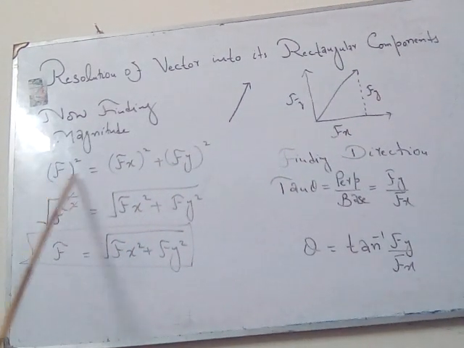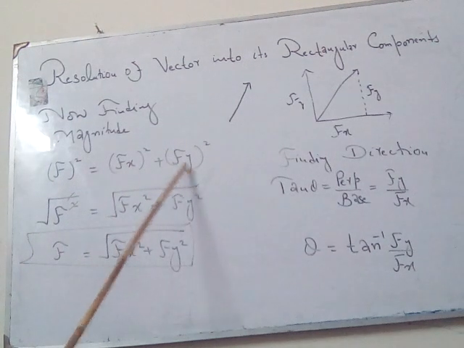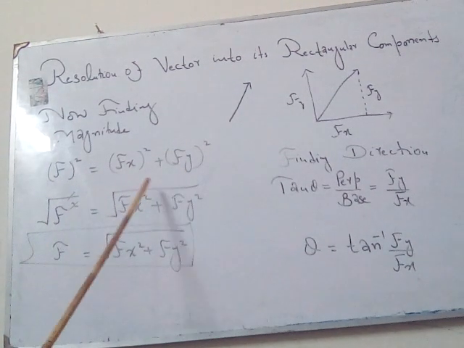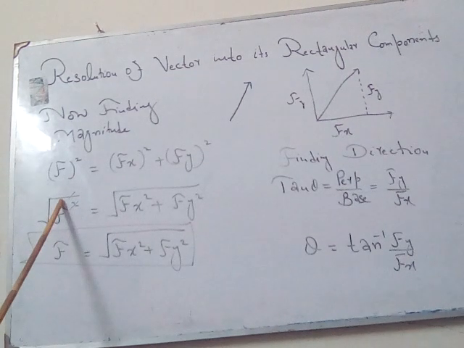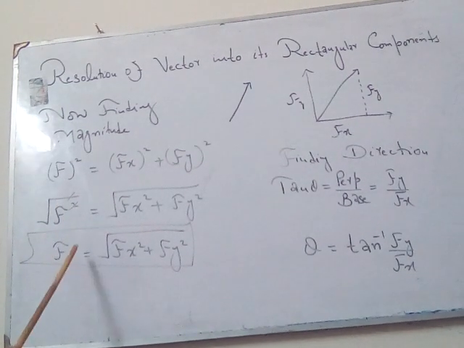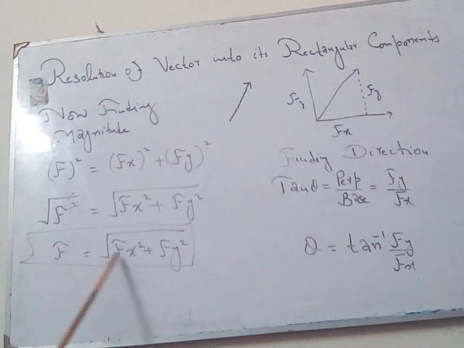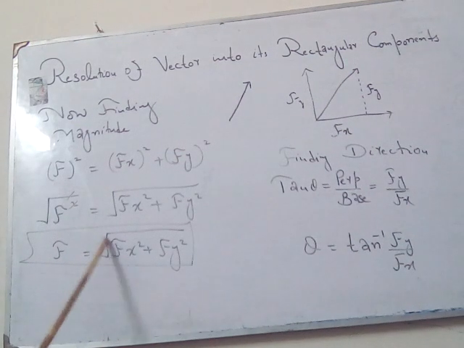So the equation is F squared equals Fx squared plus Fy squared. Taking the square root on both sides, the square cancels with the square root, so the final equation becomes F is equal to the square root of Fx squared plus Fy squared.